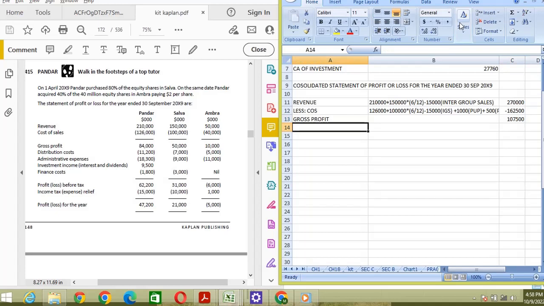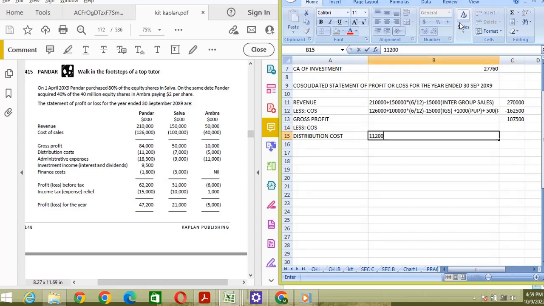So now what is the distribution cost? Less distribution cost. We will do the same: 11,200 is the full amount of the parent, and for the subsidiary we will apportion it into 6 divided by 12.